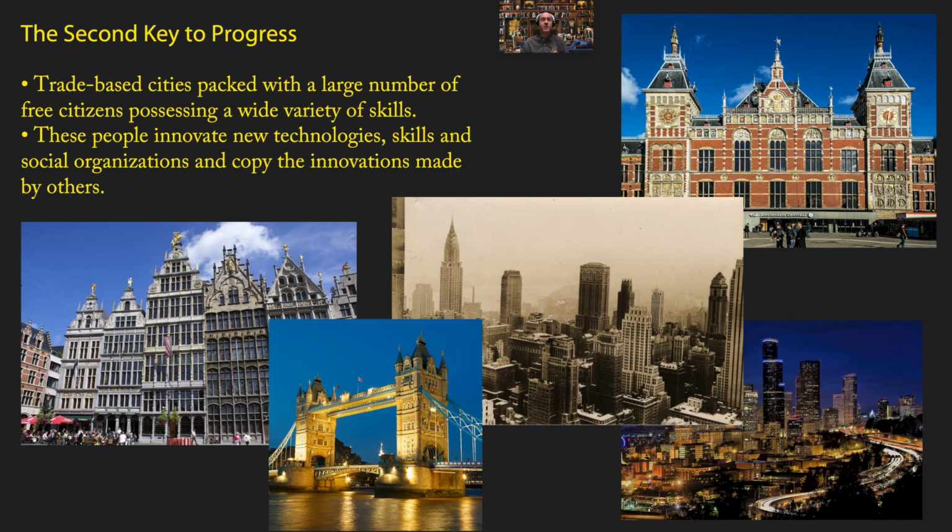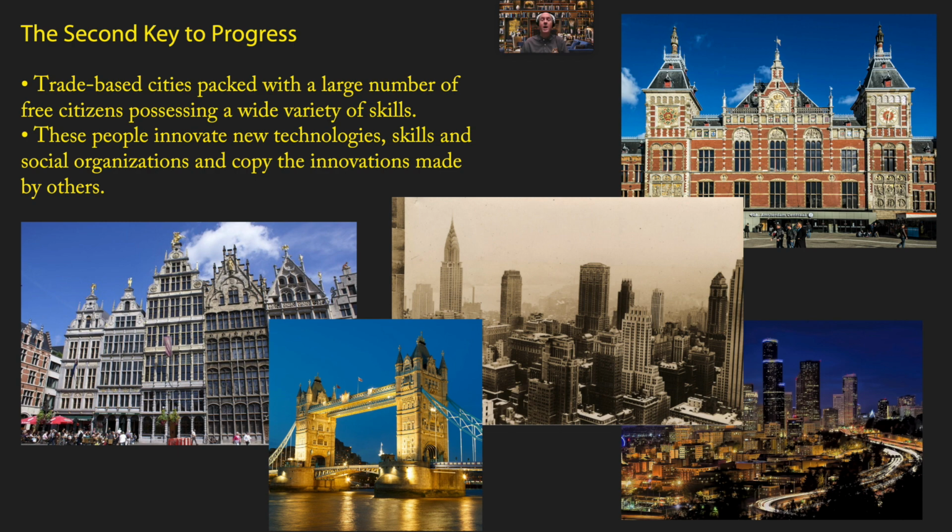And when you have this surplus of food, then you can go on to the second key of progress, which are trade-based cities, packed with large numbers of free citizens possessing a wide variety of skills. Now, if you look at the history of innovation, you can see that virtually all innovation occurred in cities. There's some innovation in rural areas, but they're pretty rare.